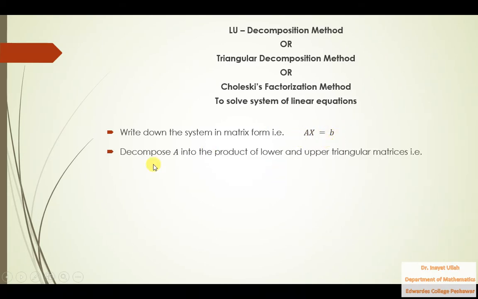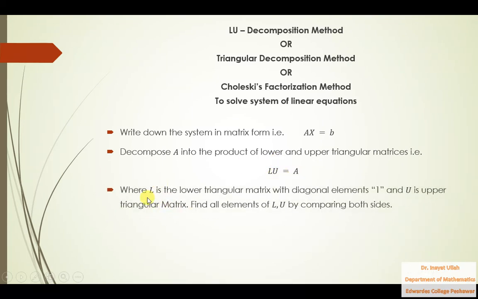Secondly, we decompose the coefficient matrix A into the product of lower and upper triangular matrices. That is just like this: the product of the lower triangular matrix with the upper triangular matrix is equal to A.